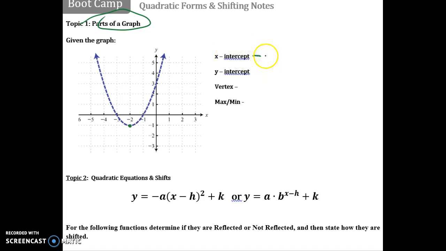An x-intercept is the location where the graph crosses the x-axis. So in this case, there's two x-intercepts.